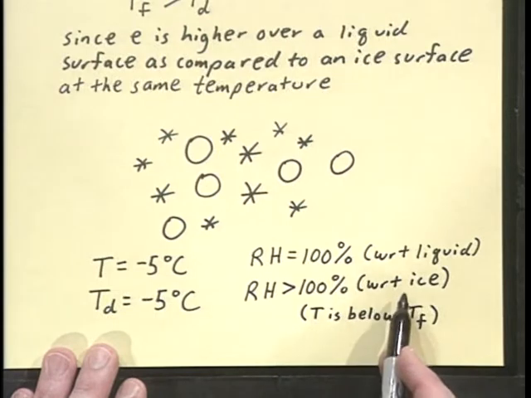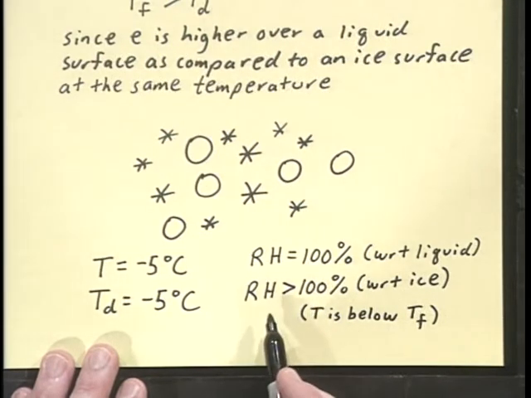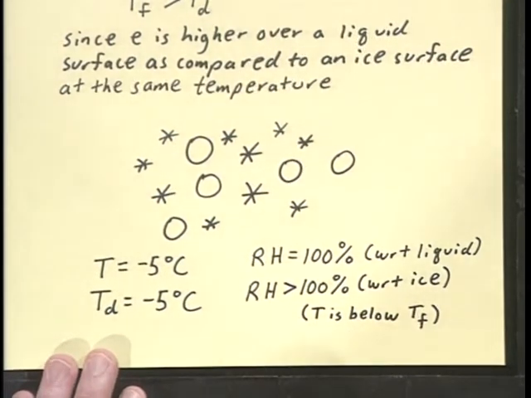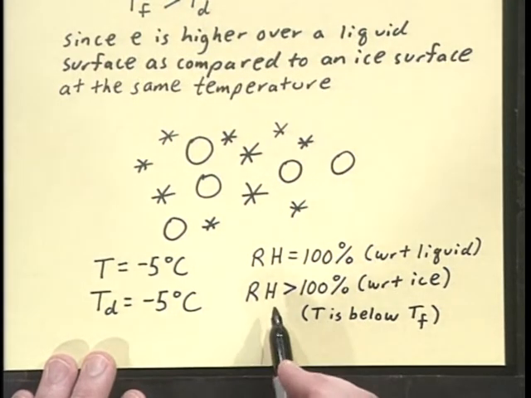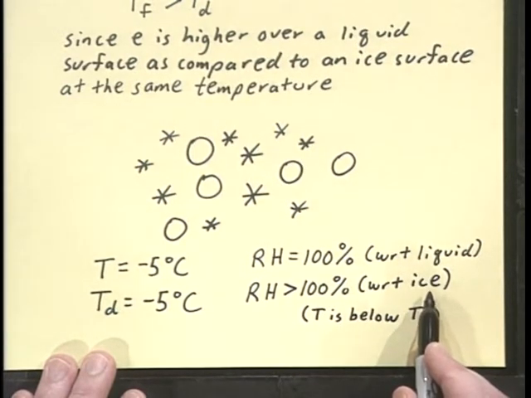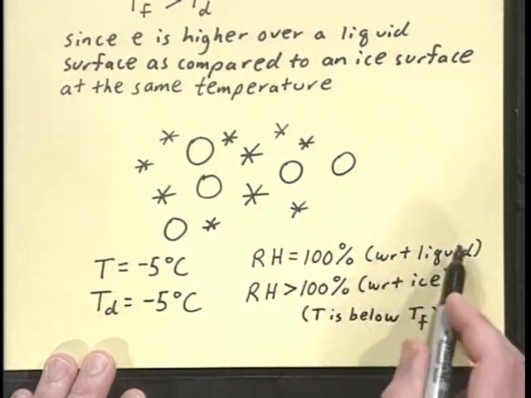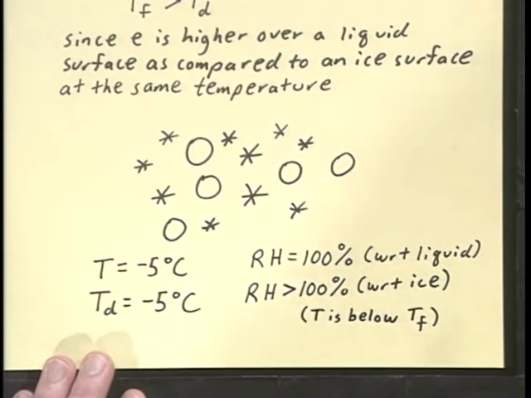But with respect to the ice, the relative humidity is greater than 100%, since the temperature is below the frost point. So you actually have a supersaturation condition with respect to the ice. But as I mentioned on the sounding, it's only going to show it with respect to the liquid.